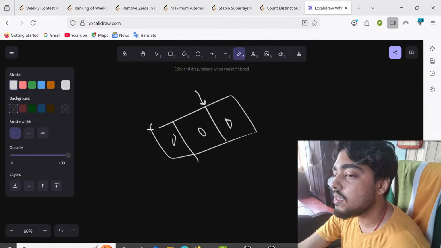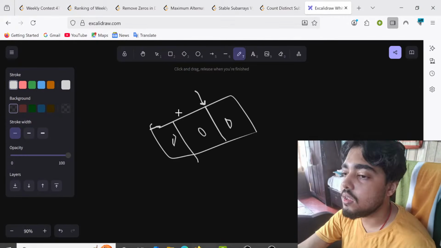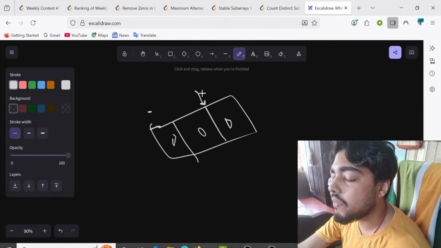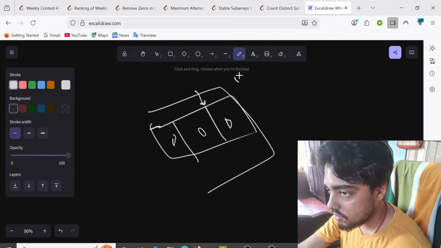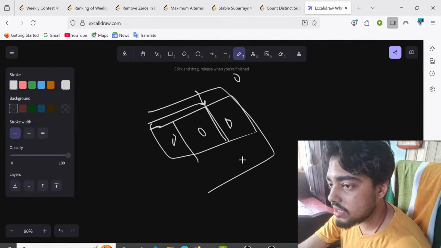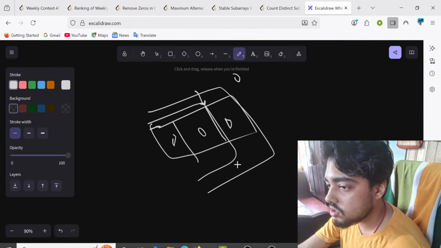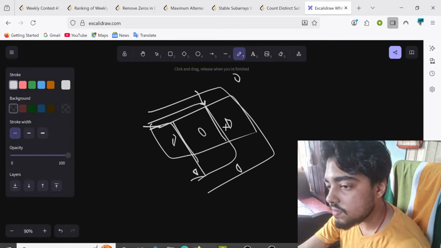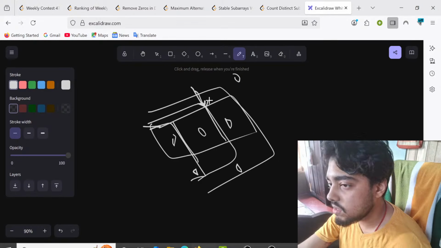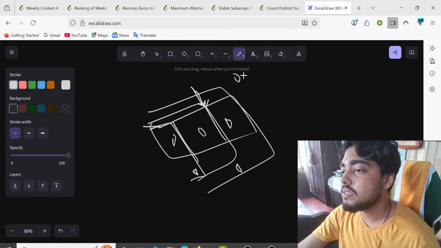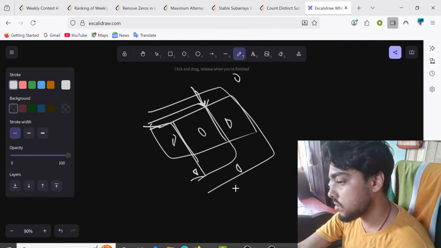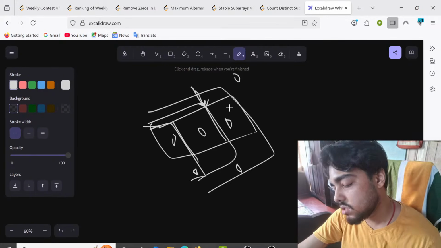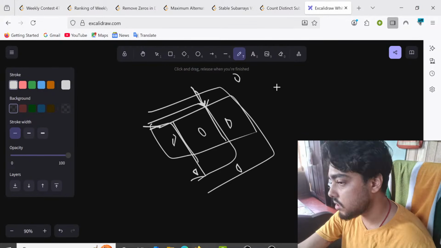So let's say this is the final subarray only. What is the prefix sum of this? It is 0. What is the prefix sum of this? It is also 0. The prefix sum of this, it is also 0. You are at over here, sum is equal to 0. Sum minus 0, that is also equal to 0. And x is equal to 0, that is 0, 0. Okay?